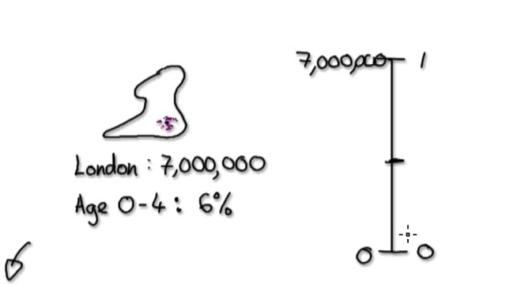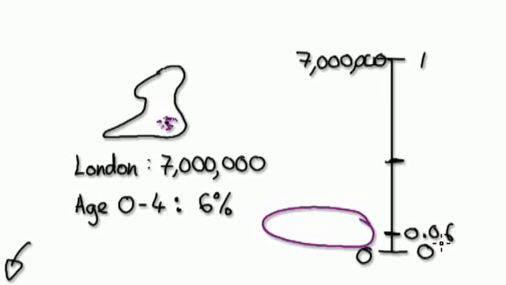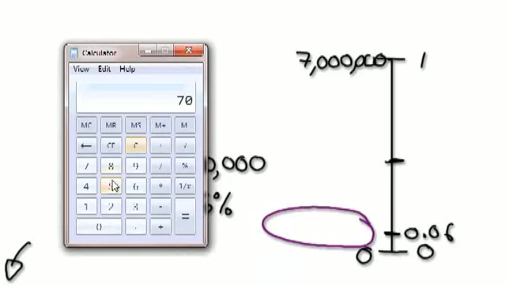In this case, it's the total population. And 50% is around here. Well, 6% would be somewhere down here, 0.06. So really, you want this figure here. What's 6% of the whole population? So calculator, clear this.